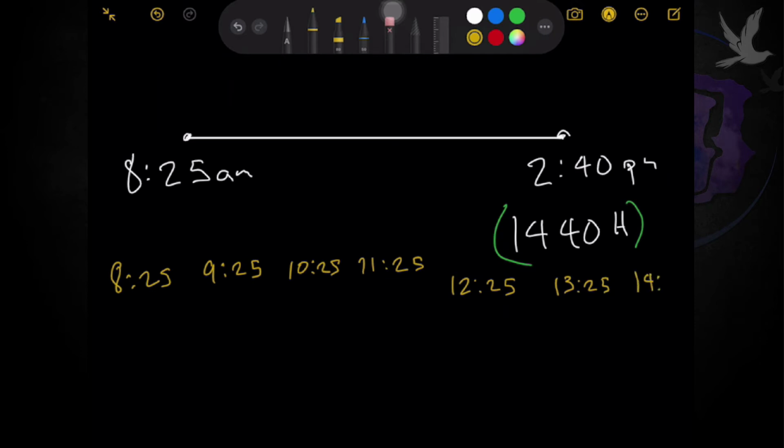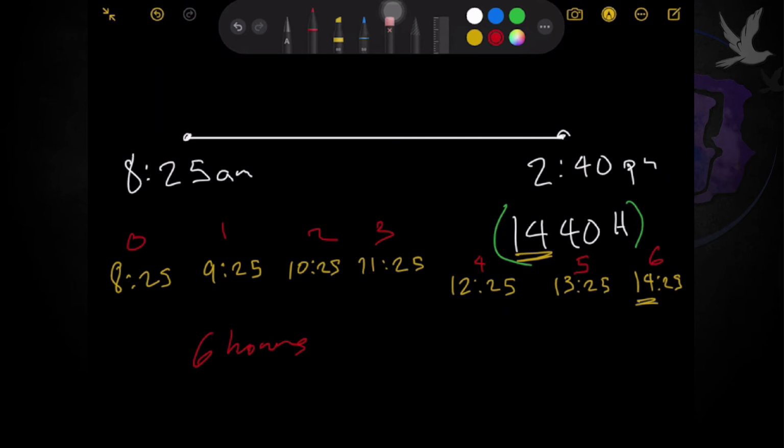And 14:25. Since we should only consider 14, because there is no 15. So if you notice, counting it by the hour, this is 0, 1, 2, 3, 4, 5, 6 hours.